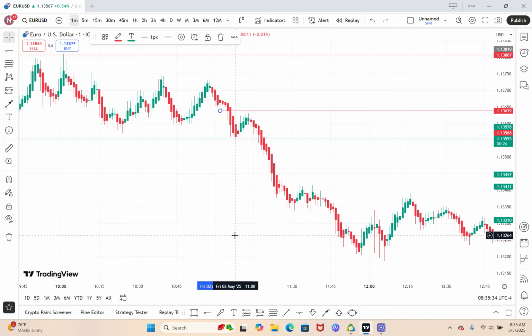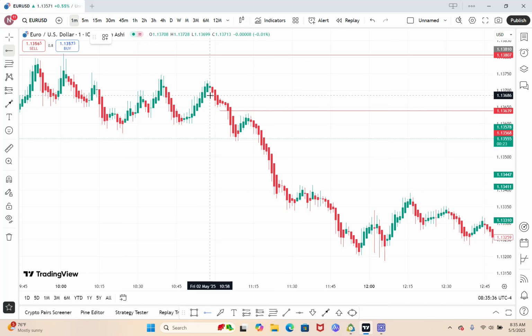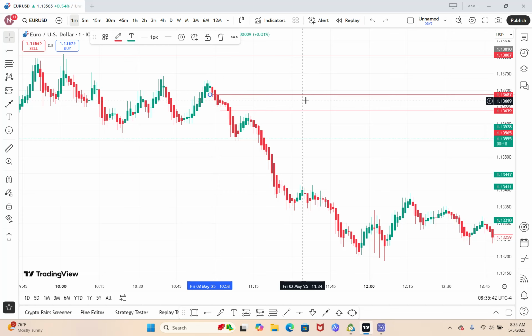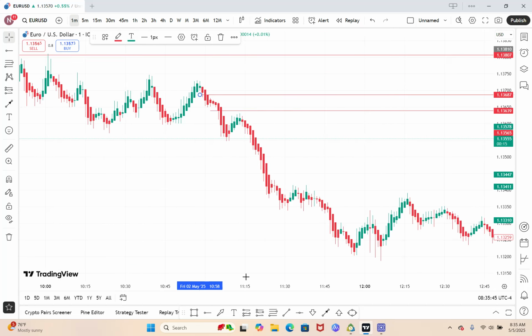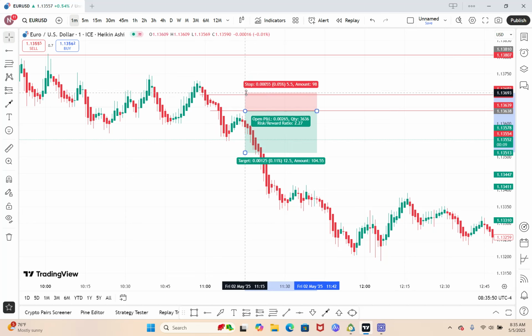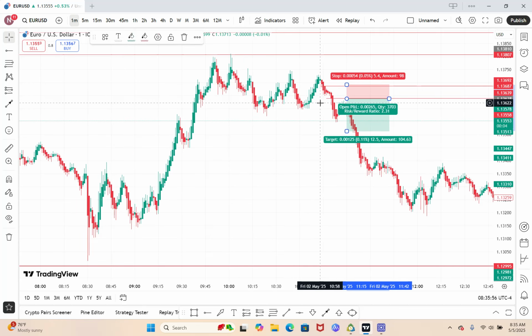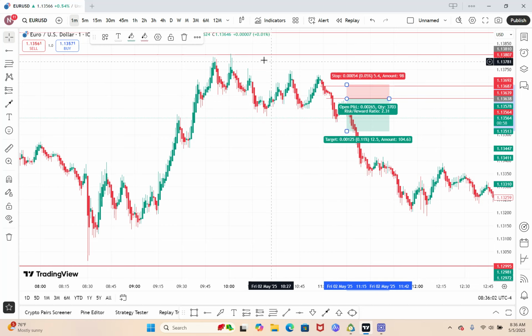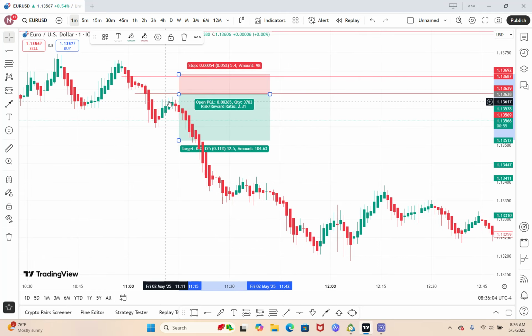Sellers were in control of this, breaking through, intersecting. Sellers are in control from here all the way up to here. So basically here is a structure where sellers may still be in this area waiting.